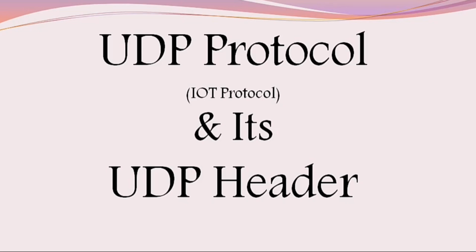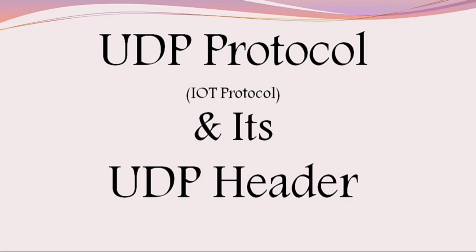Firstly, we know that the TCP is a connection oriented protocol. It means whenever a sender wants to send the data to the receiver, first it establishes a connection and thereafter the data is transmitted. But here in UDP, it is connectionless. That is, without making the connection, the sender simply sends the data to the receiver.